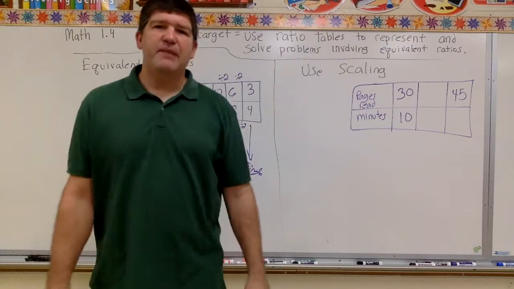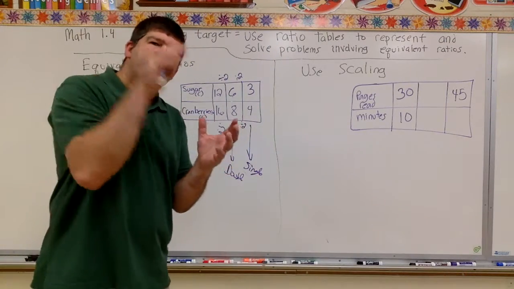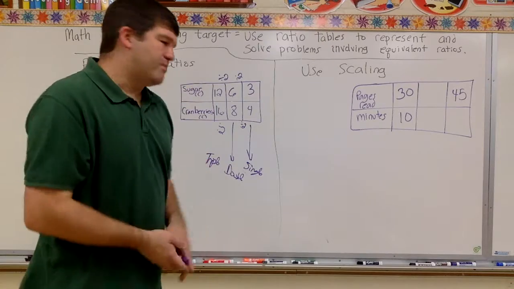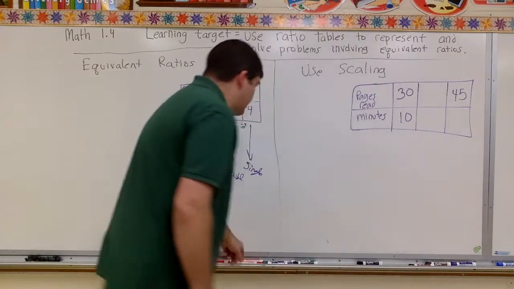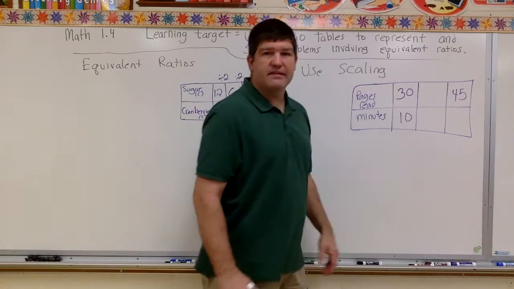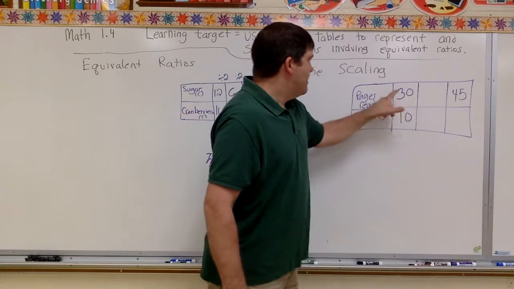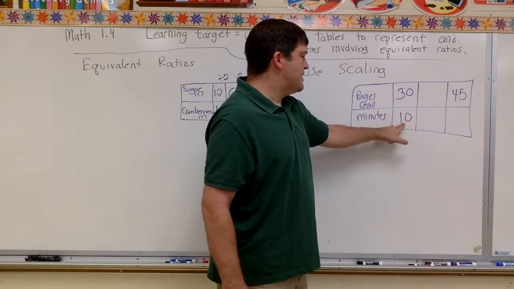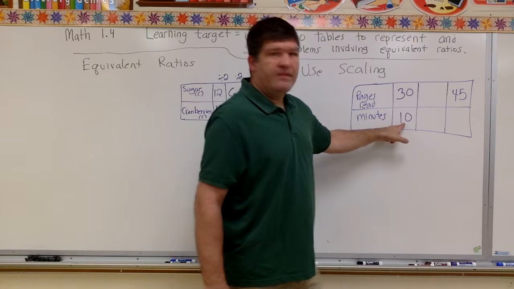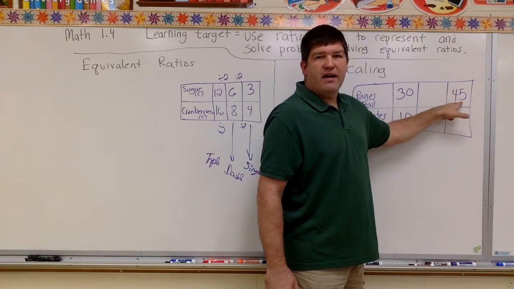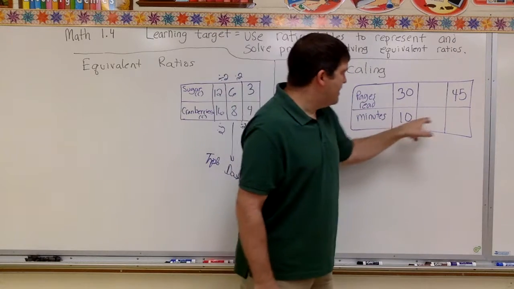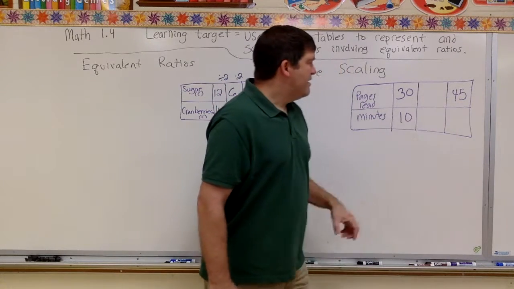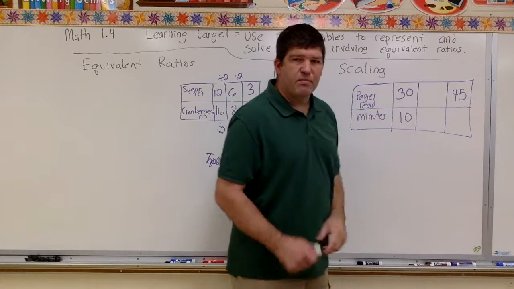Scaling: sometimes you need to take something down to the most basic unit and then build it up to figure out what it is. You might have a chart like this that says, I read 30 pages in 10 minutes. Now, I read 45 pages in how many minutes? I can't just cut this in half to get it there. I need to get this smaller.